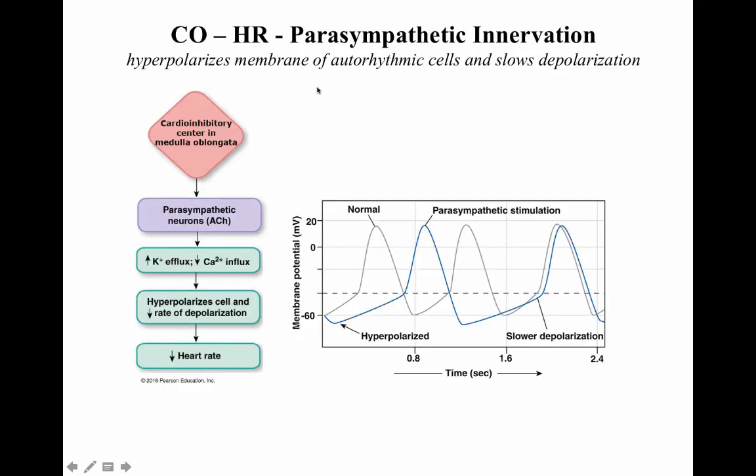Parasympathetic innervation then is going to hyperpolarize the membrane of these autorhythmic cells, the autorhythmic cells being the sinoatrial node, the atrioventricular node. And the goal here will be to slow depolarization, so in that slow heart rate, here we see that we have a cardioinhibitory center in medulla oblongata that has parasympathetic neurons that are going to release acetylcholine, which will inspire an increase in potassium efflux or exit out of the cell membrane, and a decrease in calcium influx.